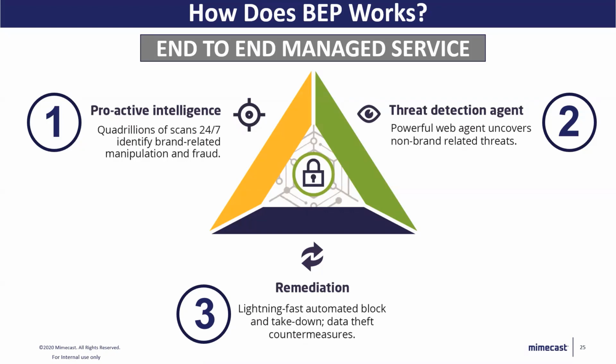Then we have a threat detection agent, which uncovers instances where your website has been scraped or cloned and hosted on another domain. So again, the YouTube videos on how to scrape a website, this would detect that kind of activity and stop it. And remediation, ensuring you can take effective and immediate action to stop the attack when we notice it and minimize any damage caused.